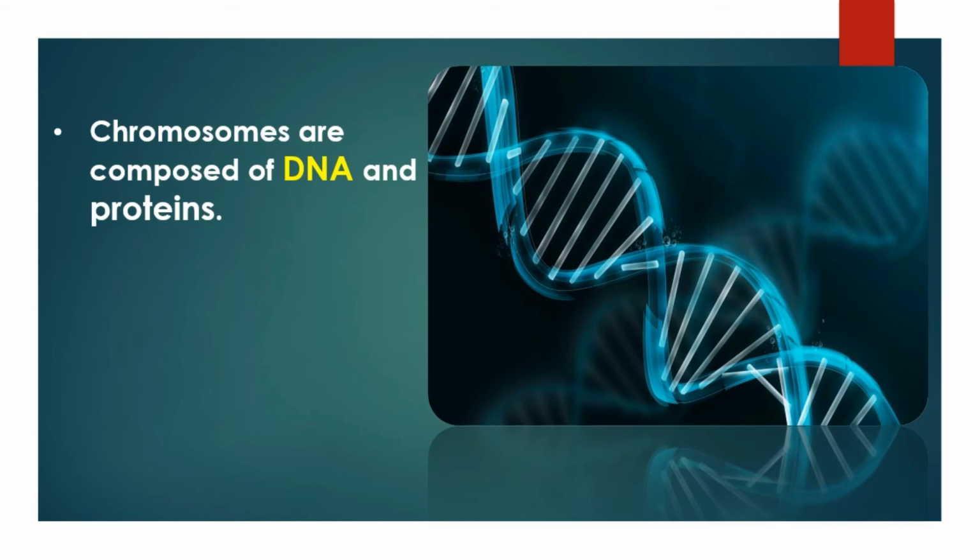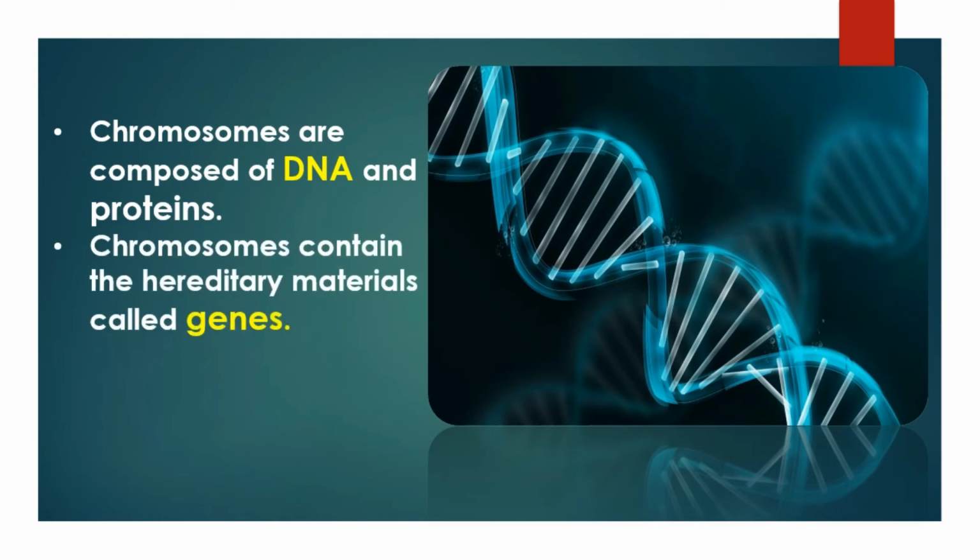Do you know the factors which are responsible for this? Yes, these factors are called genes. Chromosomes contain the hereditary materials called genes. Chromosomes are made up of DNA and proteins. DNA is a nucleic acid called deoxyribonucleic acid.